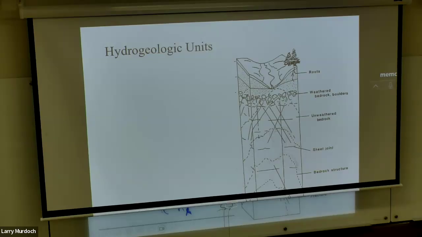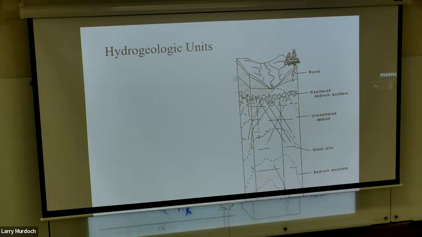with fractures. And you can see there, that's a horizontal fracture called a sheet joint here. And then here's some vertical fracture. But what happens is that the crystalline rock that we have here, the gneisses, have minerals that are unstable at shallow depths, and they weather out, and they are chemically altered to clays.